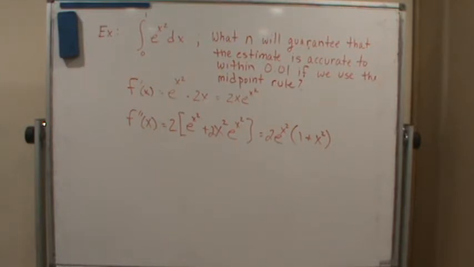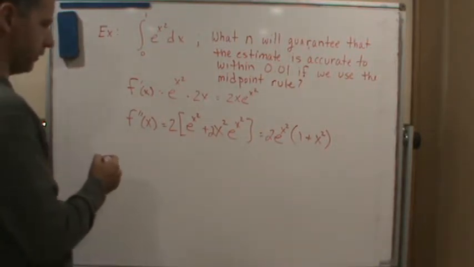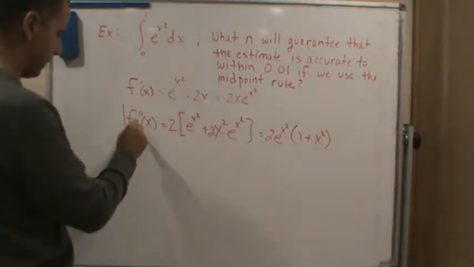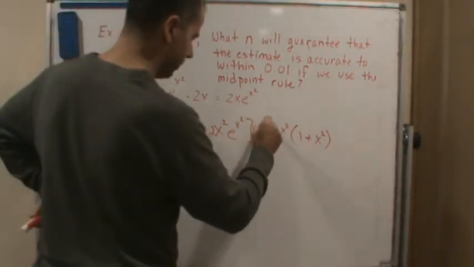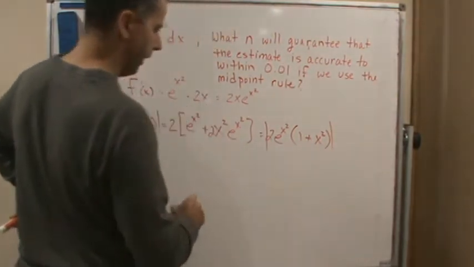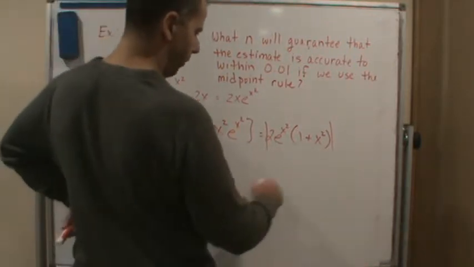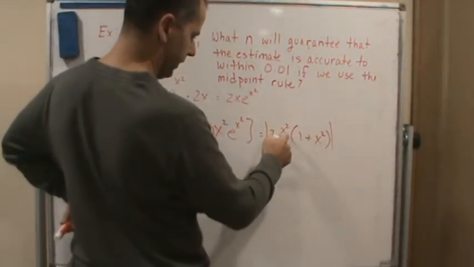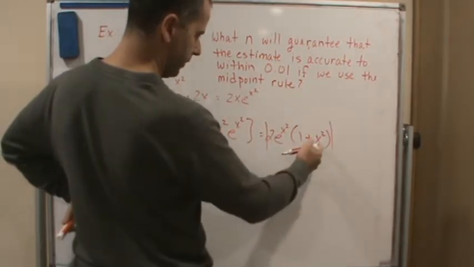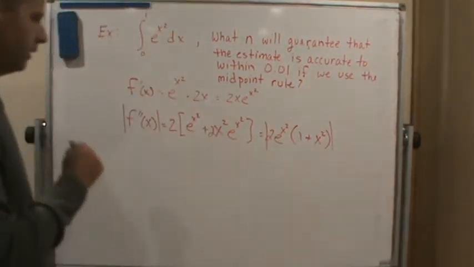Now we want the absolute value of this thing. By the way, this is always positive because e to the x squared is always positive and this is always positive, so this thing's always positive.